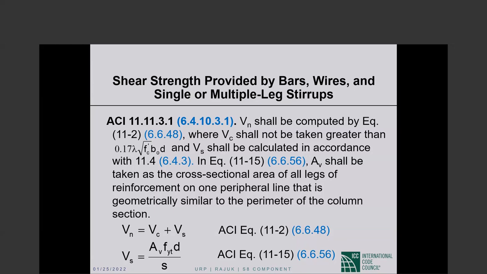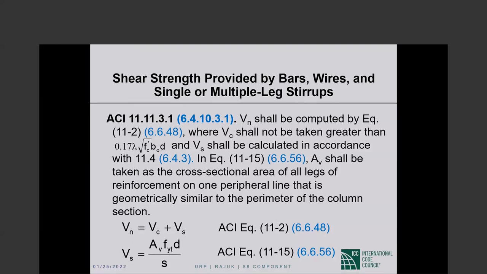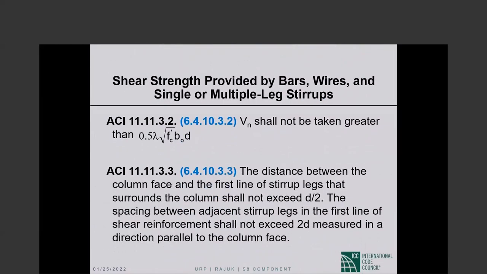V sub n nominal shear strength again is V sub C plus V sub S. Now, this is very important: when there is no shear reinforcement, concrete is good for about 4 square root of F sub C prime.